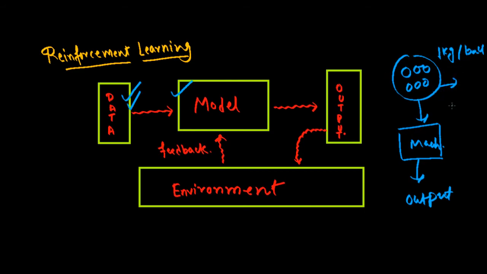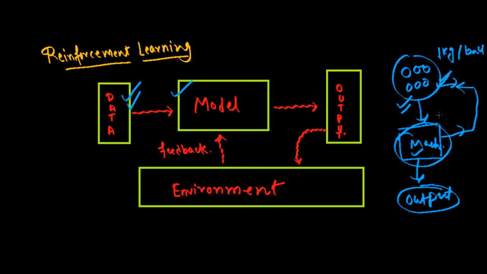If I somehow connect this environment to the machine, and I can provide some feedback after giving an input, when the output is produced by the machine, if the machine can sense the environment, what changes the environment is having after producing the output, then it can adapt itself to make better predictions. Maybe it can calculate the difference between how many balls have been received by the machine and how many balls remain in the tray.